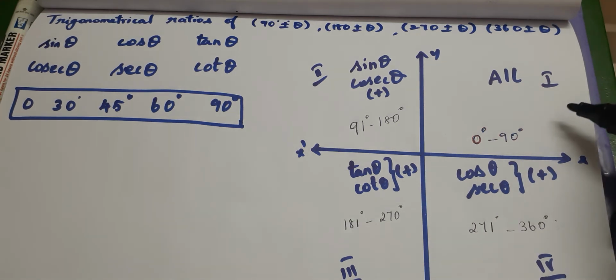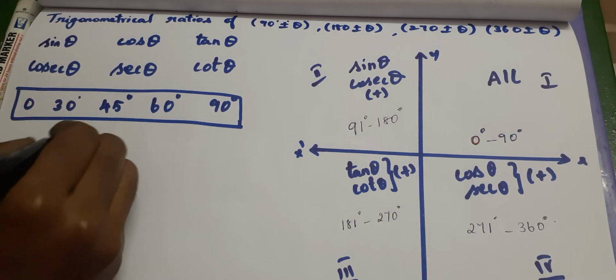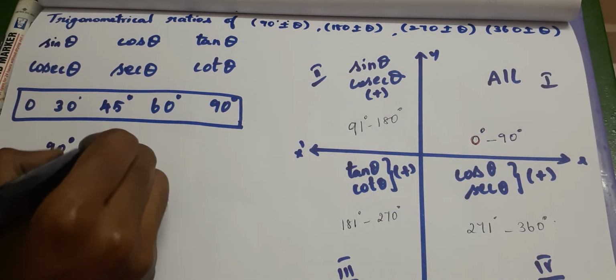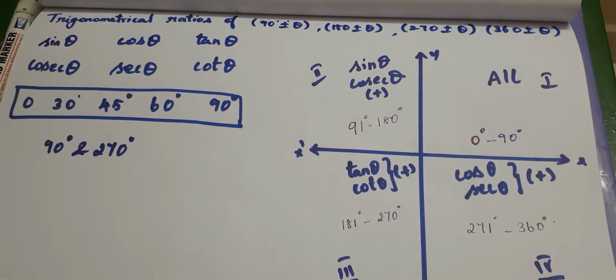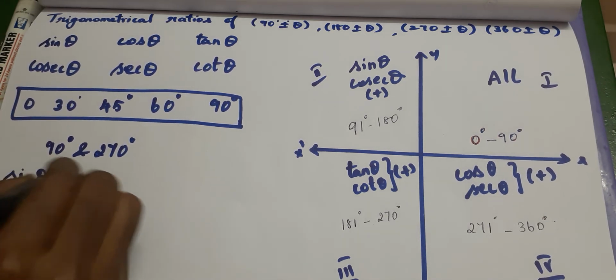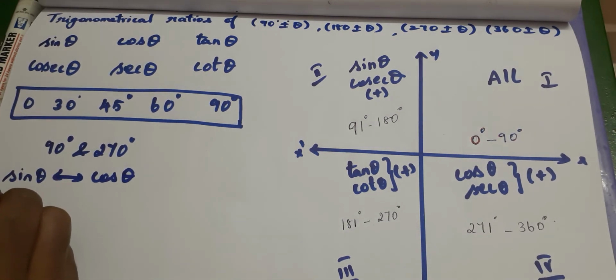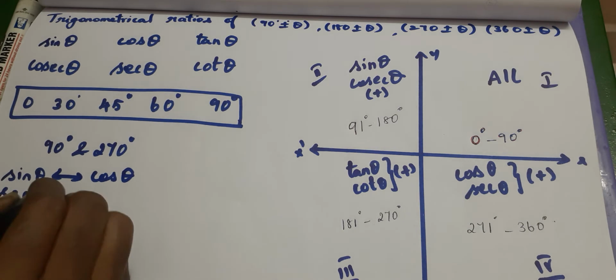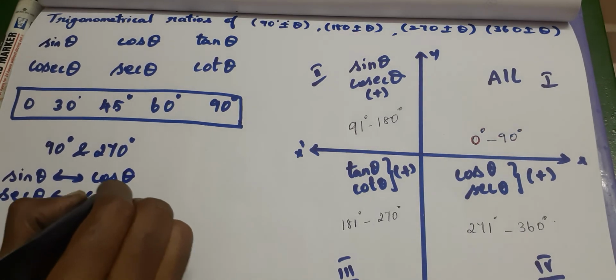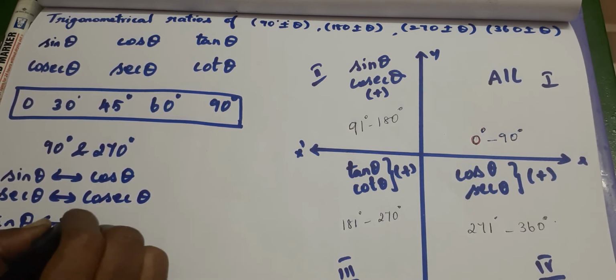If I am expressing the angle in terms of 90 and 270, then sin will change as cos theta, secant will change as cosecant theta, and tan will change as cot theta.